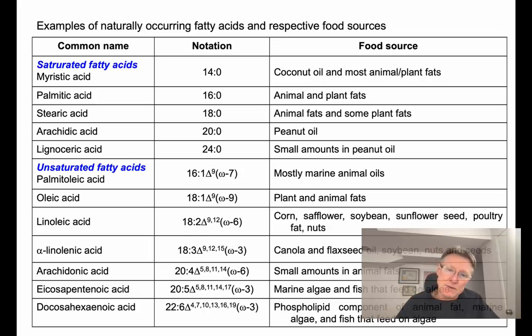Again, these are found in most foods that we eat, distributed in different amounts and concentrations, depending on the type of food. But the important point of this slide is that we look at the notation for these fatty acids and understand what the delta tells us, and what the omega tells us, about the fatty acids.